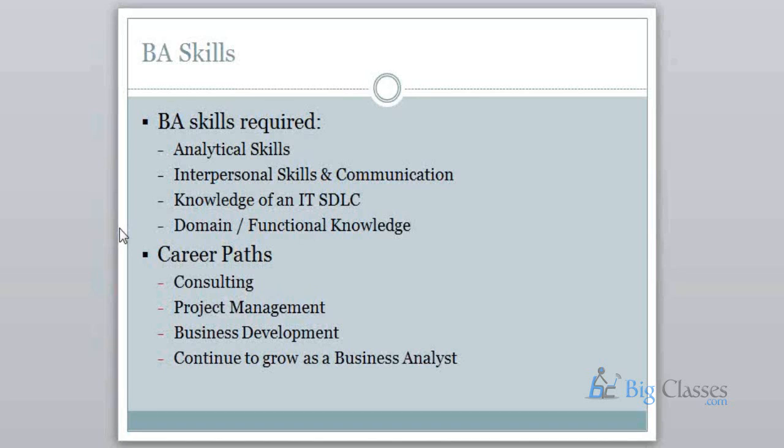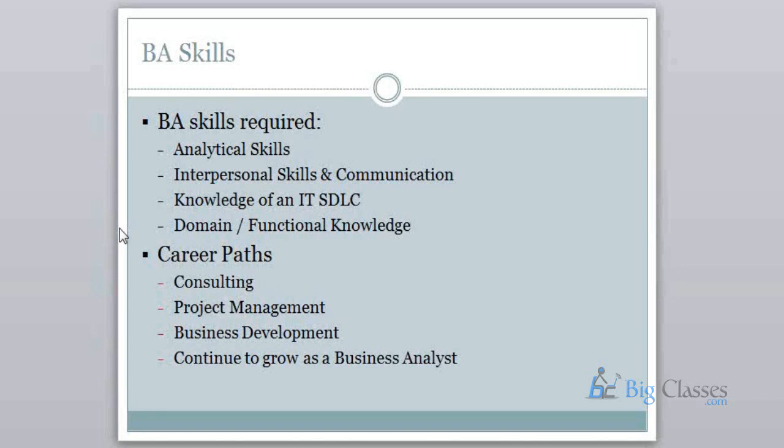Again, you could continue as a business analyst, if that's of interest to you. You could actually move into project management, because you already are doing a lot of coordination activities. There are quite a few overlaps between a business analyst and a project manager, so you can move into a project manager kind of role if that is of interest to you.